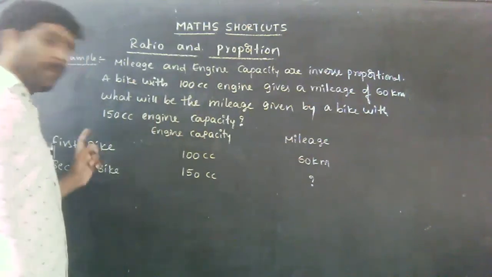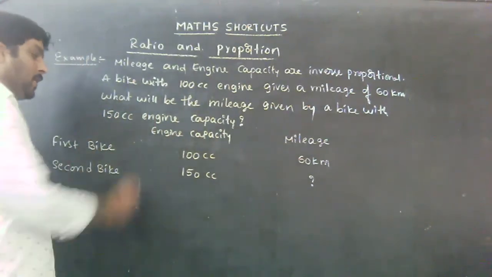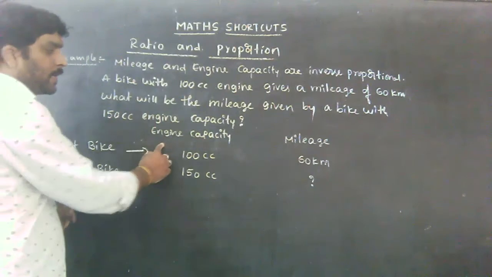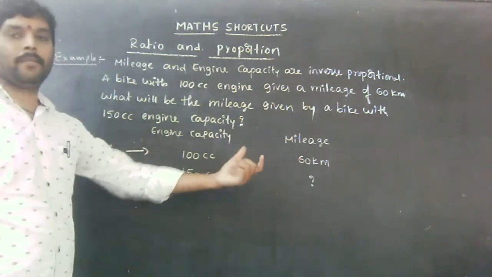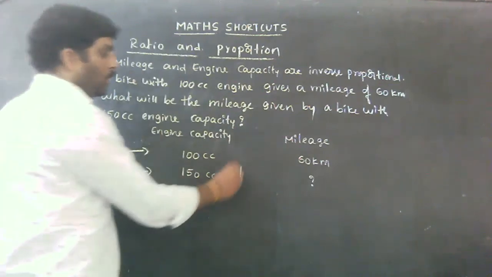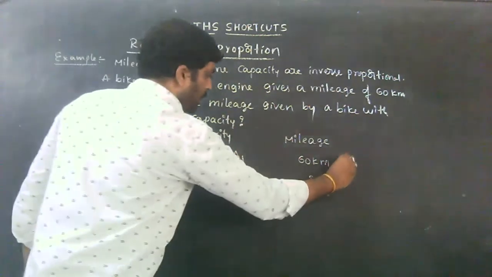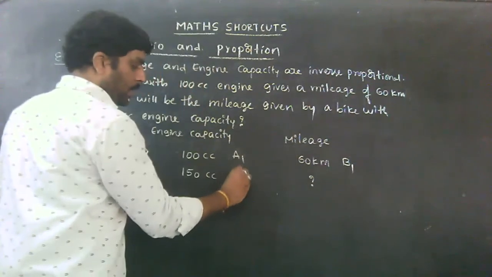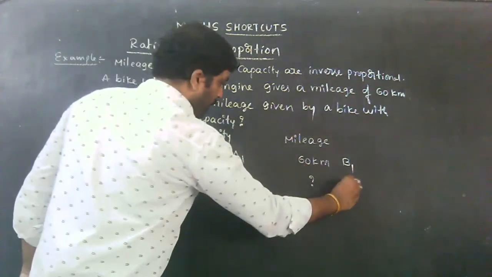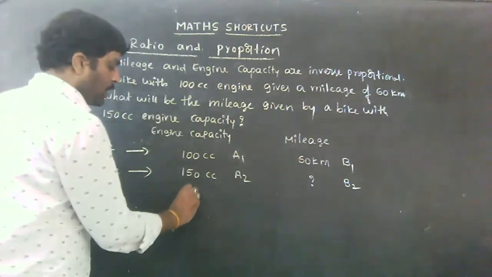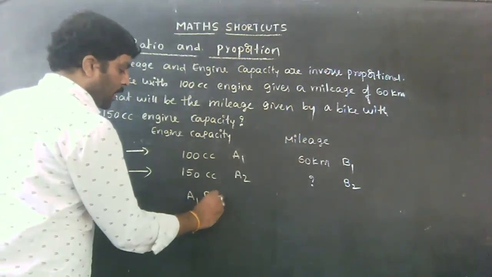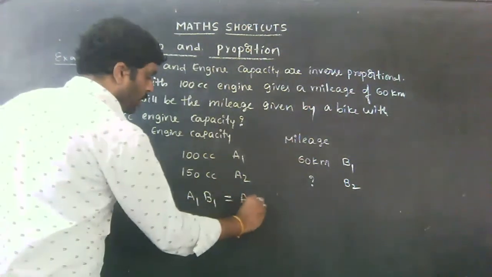Here are two bikes. The first bike's engine capacity and mileage are known: A1 and B1. The second bike's engine capacity is A2, but we don't know B2. Now, the condition when they are in inverse variation: their product A1 B1 equals A2 B2.